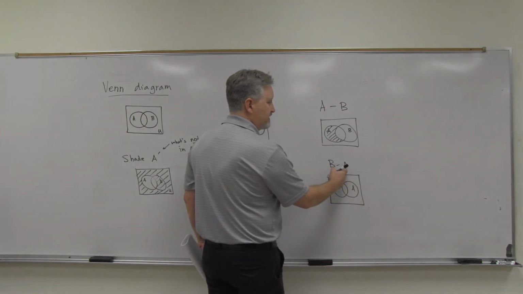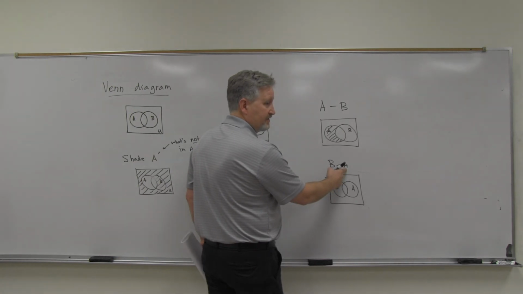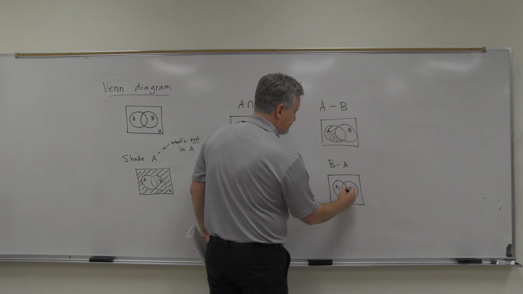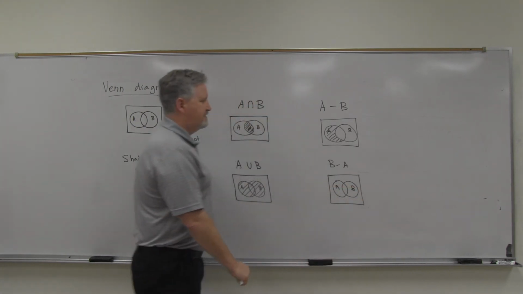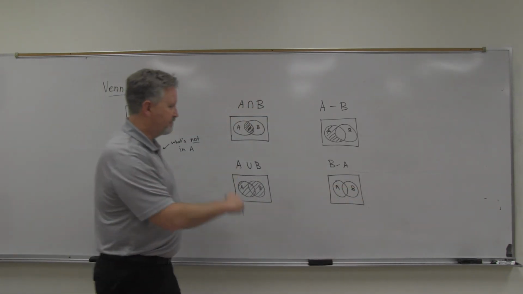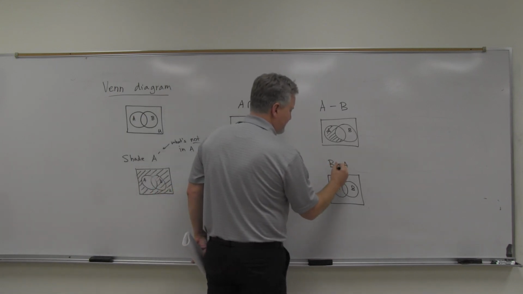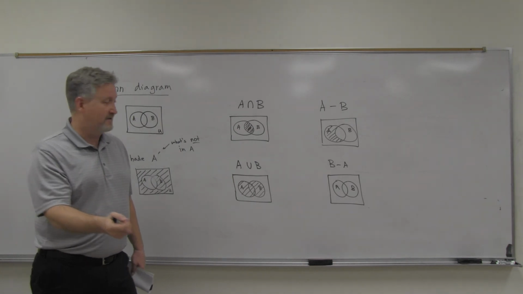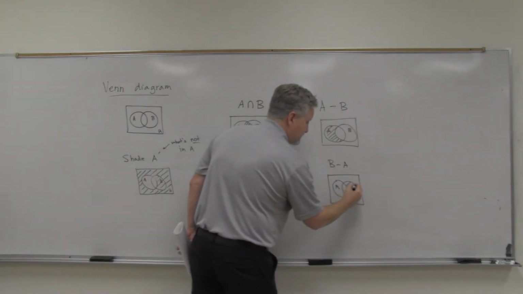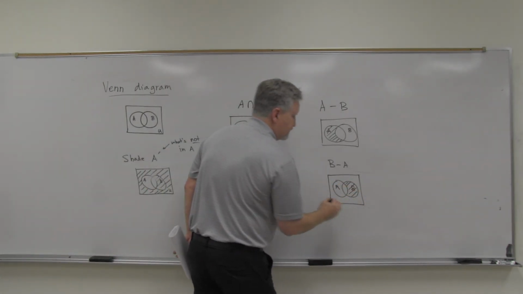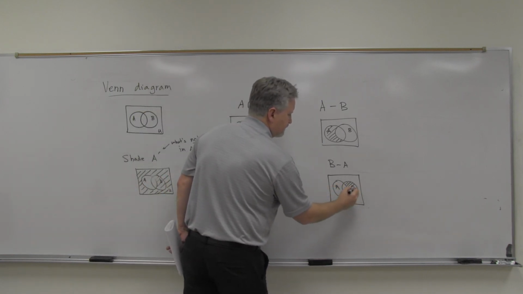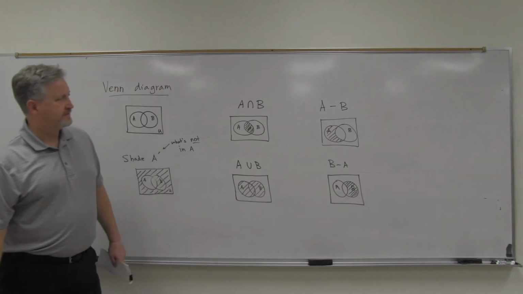It's what's in B but not in A. So put them in the same order. I guess we could have done it that way. B minus A would be what's in B but not in A. So wouldn't that be the moon shape over here? Yeah, it's kind of the other side of it.